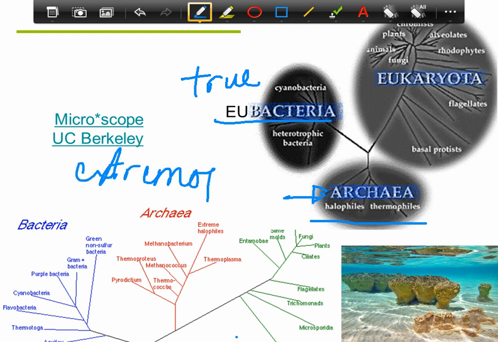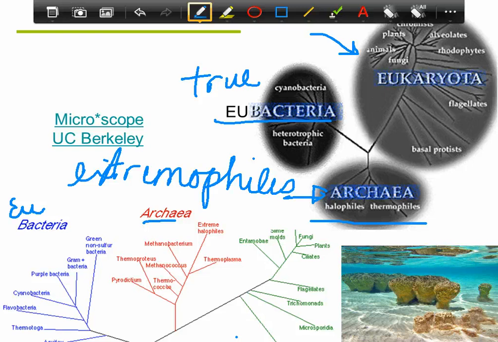Extremophiles live in extreme environmental conditions like high salt, high heat, high acid, and other things. So we have two domains of bacteria. You see the eubacteria right here. You see the archaea right there. And then this big domain over here is full of the things that you know, cats, beetles, mosquitoes, all the eukaryotic guys are over in this area.